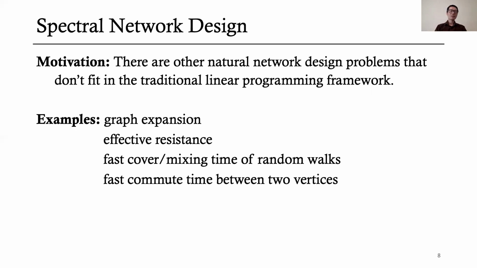For example, graph expansion, effective resistance, fast cover time and mixing time of random walks on the graph, or fast commute time between vertices in the graph. As we know from spectral graph theory, all these properties are related to the graph spectrum. Therefore, it is natural that a network designer wants to have better control over the algebraic properties of the graph in the context of network design.